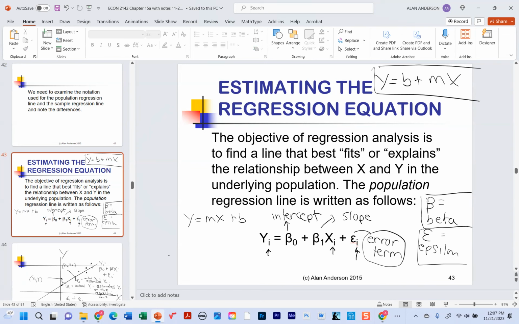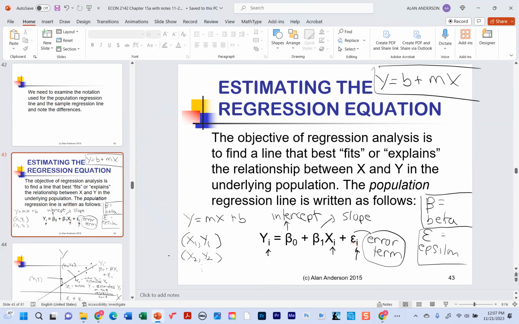Well, each element of our population can be identified by this index. So in other words, every element in our population is identified by an index, so that, for example, X1, Y1 might represent sales and advertising in year 2020.